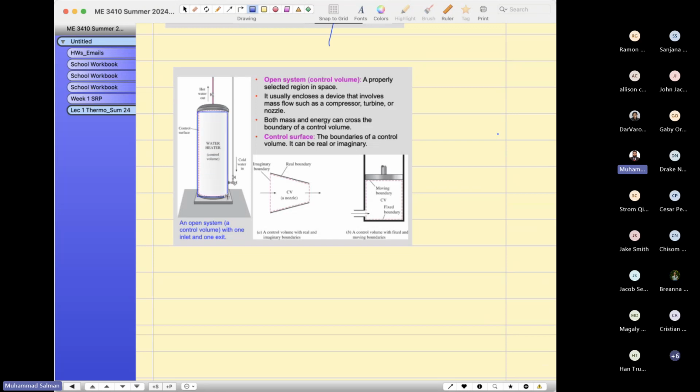Cold water comes in, enters here, and hot water leaves here. When mass can enter or leave the system, it is an open system. In this case, the mass is entering the system. This is also an open system.